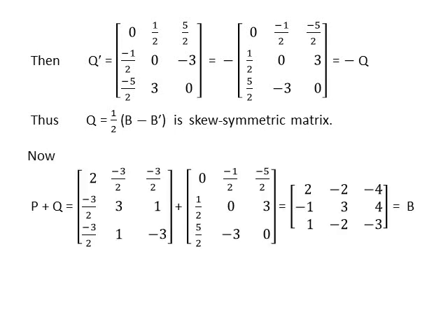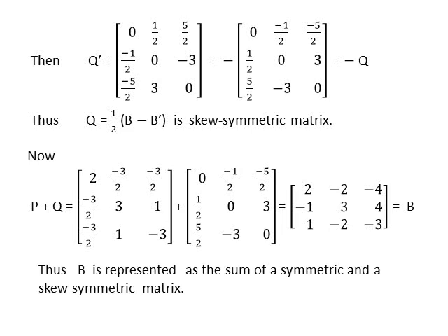In the next step, for verification, add the matrices P and Q. For this, we add the corresponding elements of matrices P and Q. After adding the corresponding elements of these two matrices, we get a matrix of order 3 by 3, which is equal to matrix B as shown. So we have expressed matrix B as the sum of two matrices P and Q, in which P is a symmetric matrix and Q is a skew symmetric matrix.